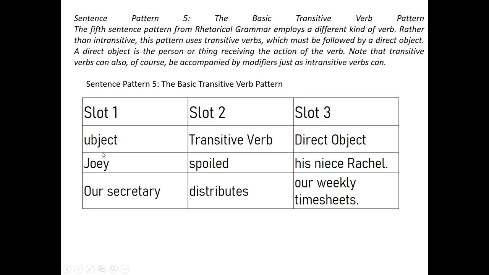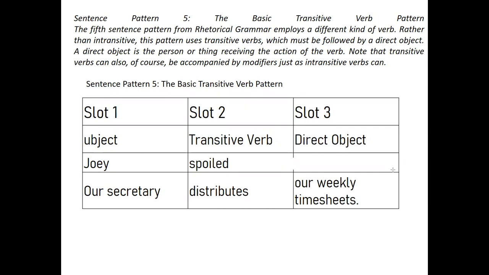Let's explain. The subject is Joey. Joey spoiled his niece Rachel. The transitive verb here is spoiled, because it needs a direct object. If you delete it, you get Joey spoiled.